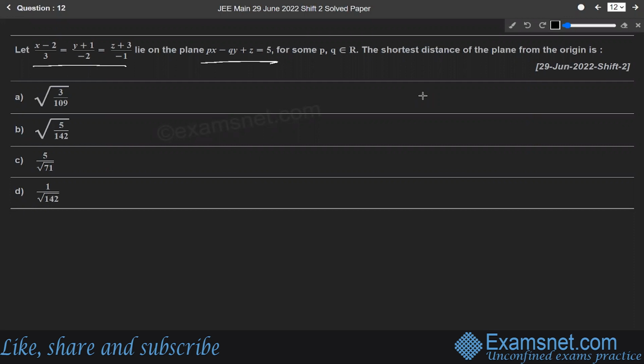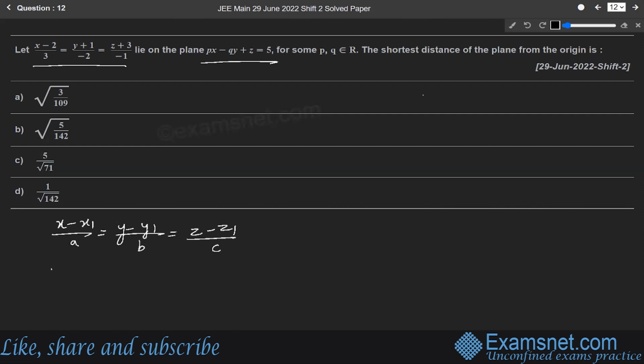So let us first understand what is the standard form to represent a line that lies on a plane. The standard form is (x minus x1) upon a is equal to (y minus y1) upon b is equal to (z minus z1) upon c. Here a, b and c are the direction ratios of the line.